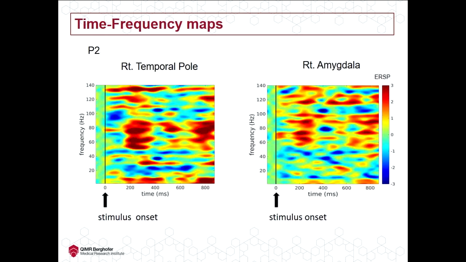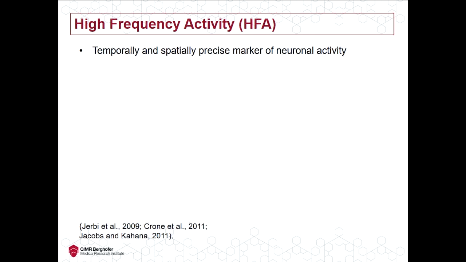Okay, moving on to analysis. We first performed some time-frequency decompositions and found really broad-range frequency activity in both of these channels. Now, this high frequency activity is an informationally rich and temporally and spatially precise marker of neuronal activity.